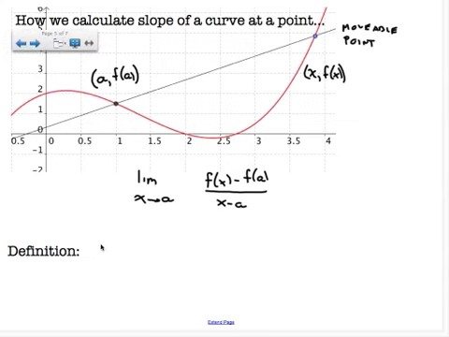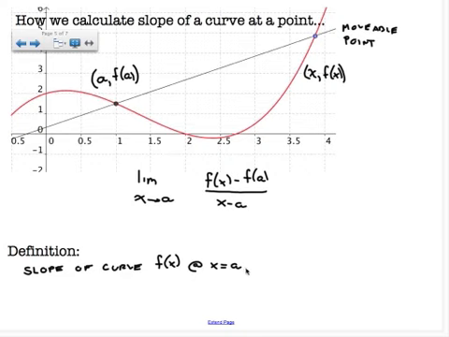So this is the process right here to create and find the slope of a curve at a special point. So let's write a definition here. The slope of a curve, and we'll call our curve f of x for argument's sake. Now you have to say at a specific location, so at x equals a, is found with this calculation, and we give this calculation a symbol.